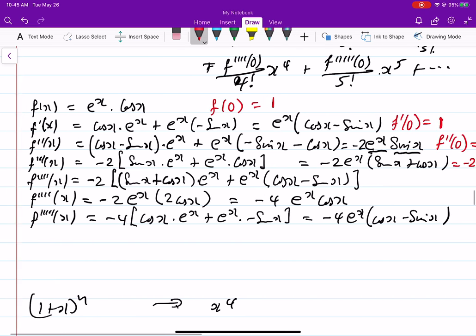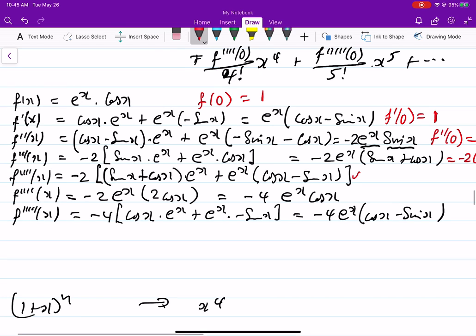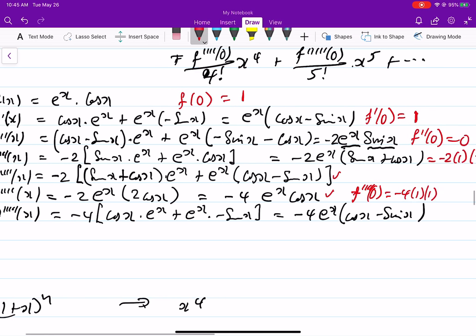F quadruple prime started here and ended up here, right? This would be f quadruple prime of 0 is minus 4 times 1 times 1, which is minus 4.